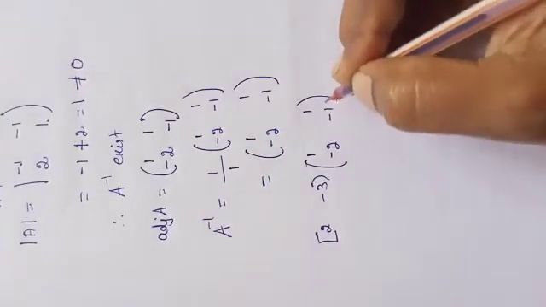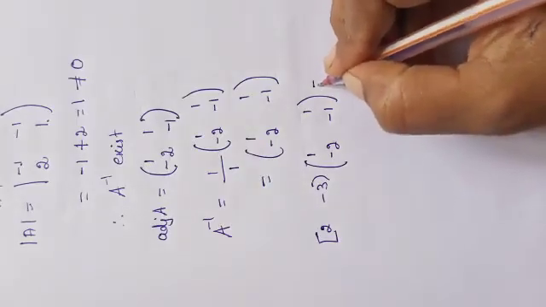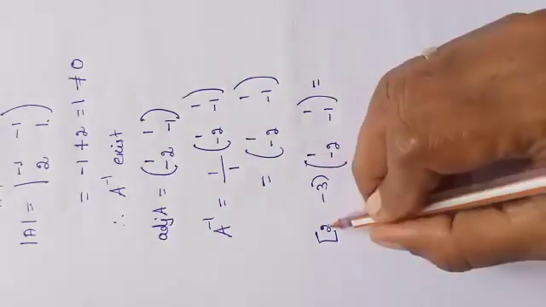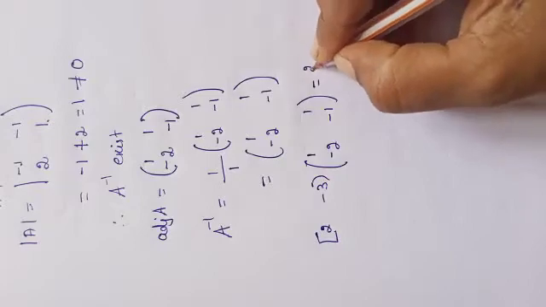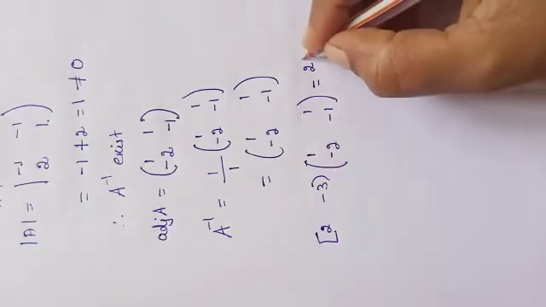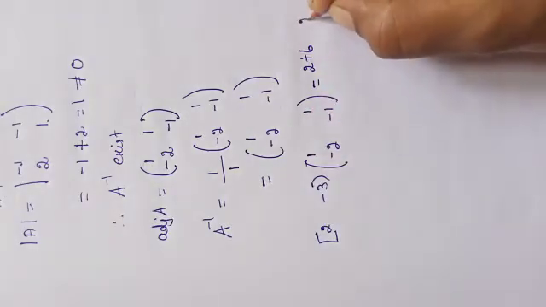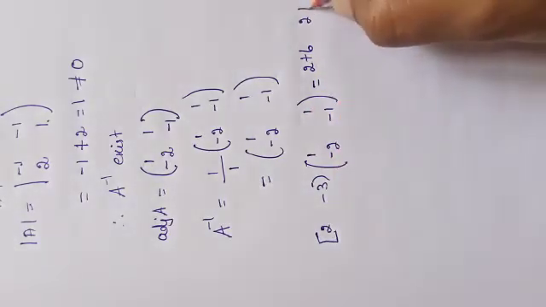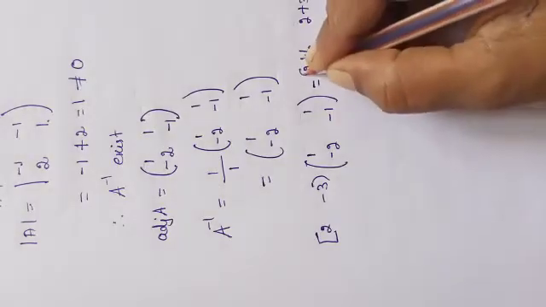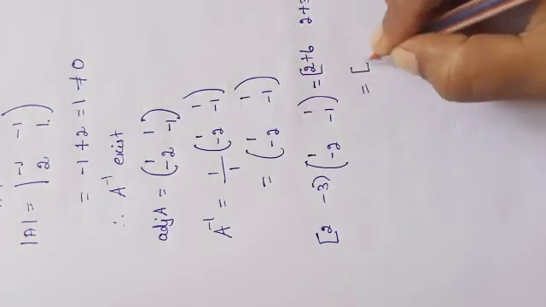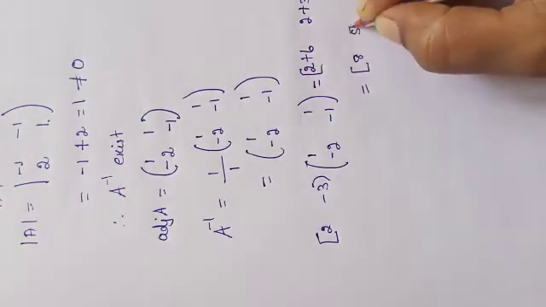Shall we find out the answer? See, first row, first column: 2 into 1 is 2, minus 3 into minus 2 is plus 6. Then 2 into 1 is 2, minus 3 into minus 1 is plus 3. So the answer is 8, 5.